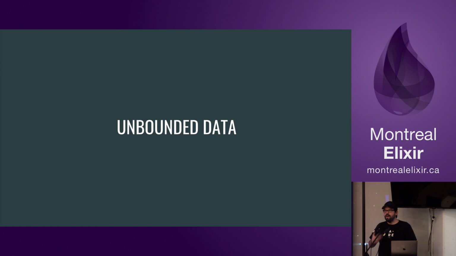What is unbounded data? It's data that doesn't have a limit. You don't know the end of this data. And what is that in real life? It could be Twitter. If your customer says, I want all the tweets with this hashtag on my web page, Twitter gives you a stream, something that doesn't have an end.